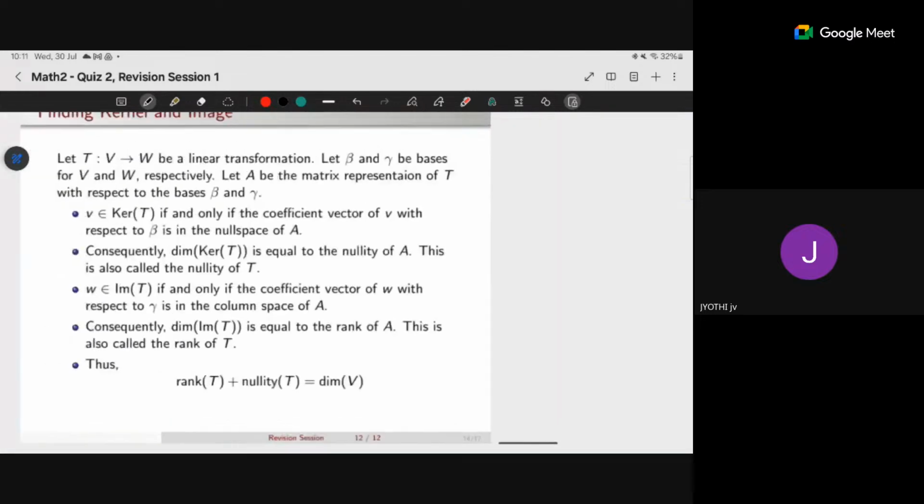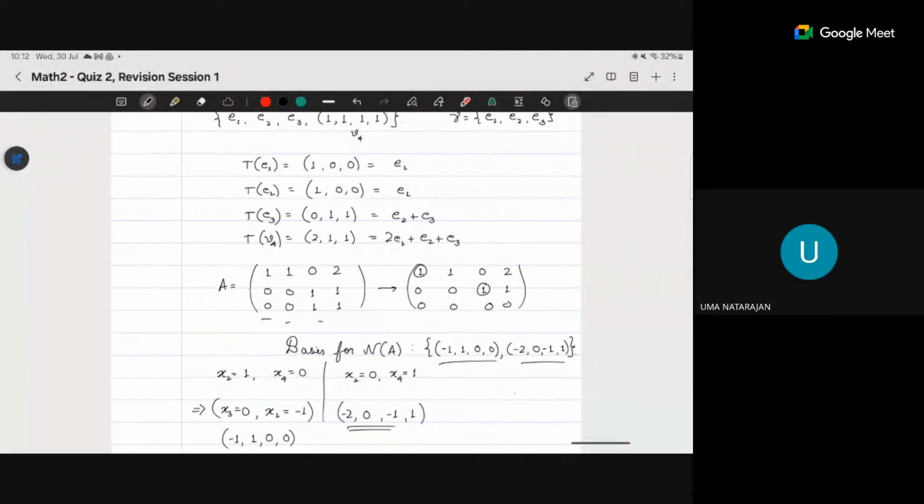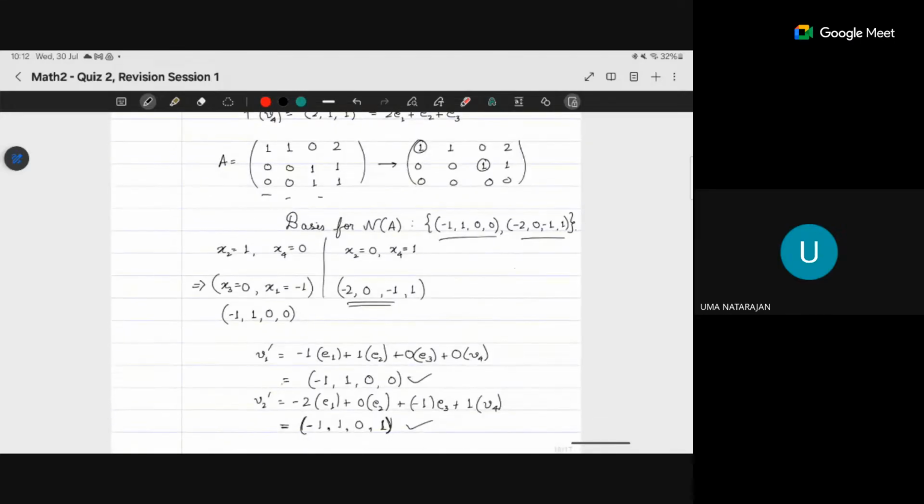And the last thing is, the vectors that you found last by the coefficients, is that the kernel? These two vectors form a basis for the kernel.